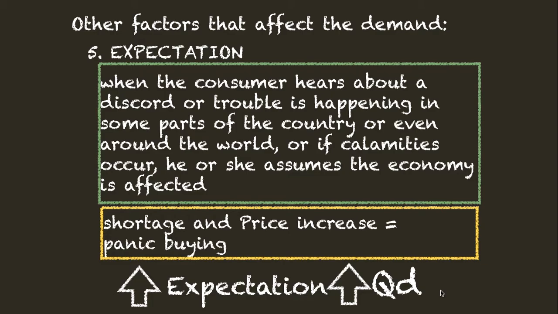Another example I'd like to cite here would be, say there is a price hike of a specific good like oil. If there's a price hike for oil, commuters or people driving would normally stock up oil or buy oil prior to the price hike because they don't want to experience the shooting up of the prices of oil.